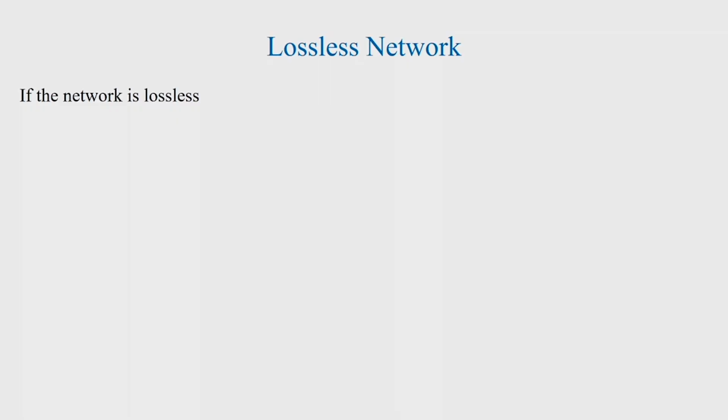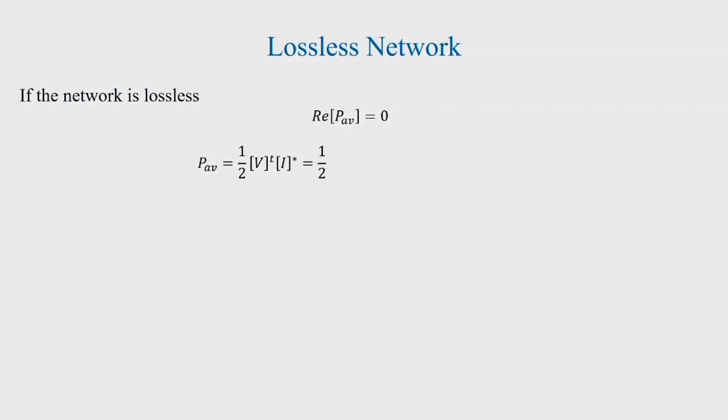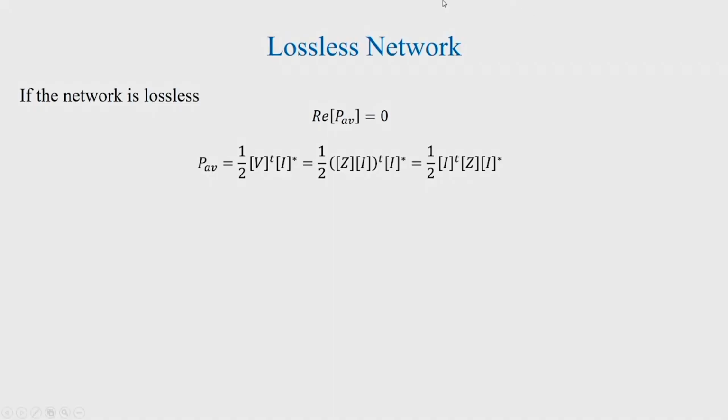So, if a network is lossless, then what can we write? We can write that the real part of the average power is equal to 0. Now, how can we calculate this average power? We can find the product of V and I conjugate at each port, which in matrix form we can write as V transpose times I complex conjugate.